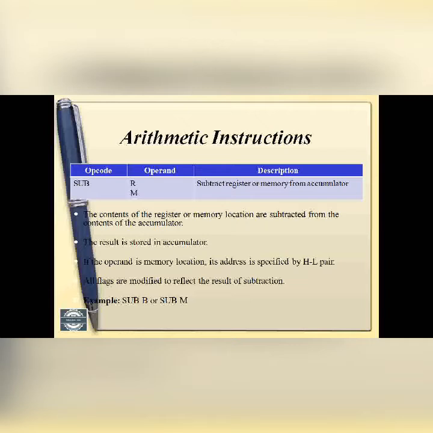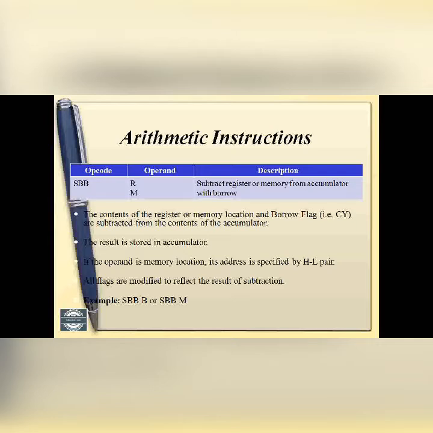Now SUB R/M means subtraction of register or memory from the accumulator. Here also the example is given. Now SBB, subtract register from the accumulator with borrow. What is borrow? This concept you can get also from our digital electronics notes. From the playlist you can follow it.